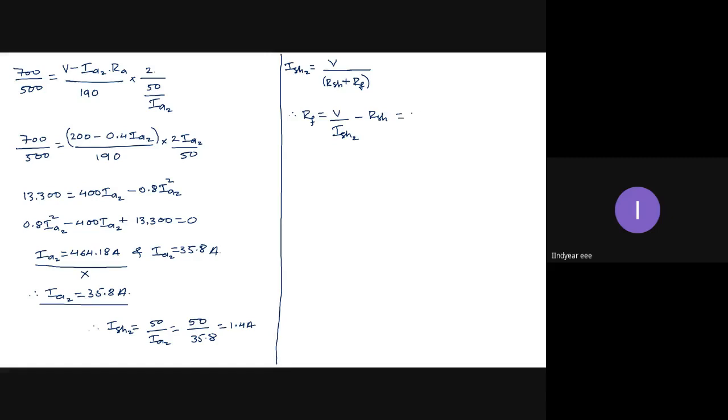So this is 200 by 1.4 minus 100, which is 42.86 ohms.